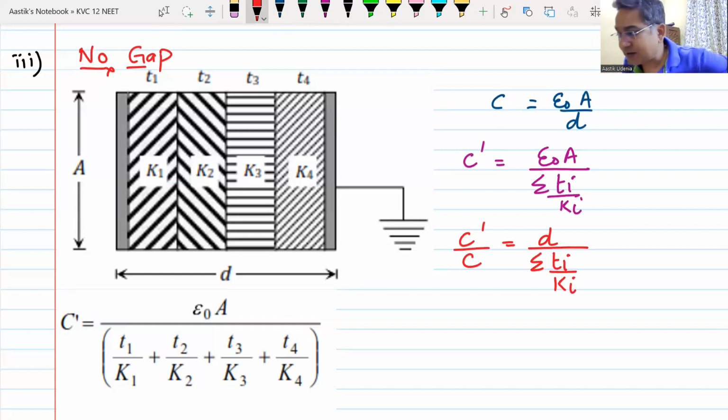Now I will give you 2 minutes to note it down. Has everyone understood this? So in today's class, we have seen the different ways in which the dielectric can fill up the gap between the capacitor plates. We will do questions based on this in the next class.